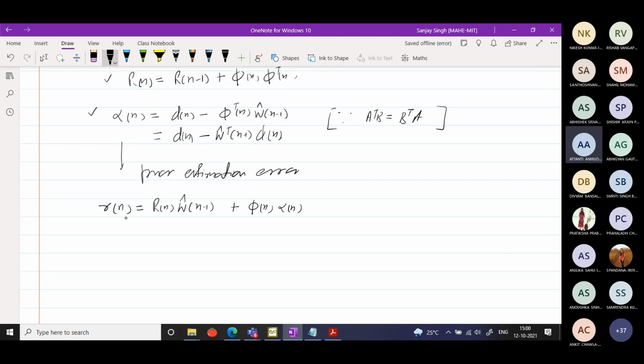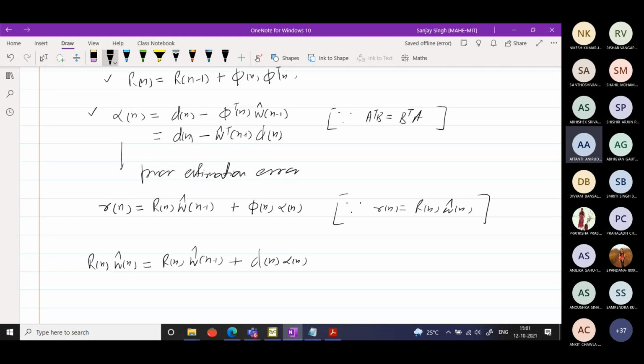Now, remember, we know that Rn Wn is nothing but the right-hand side; we started with this as far as least square estimation is concerned. So comparing these two equations, I can write R of n Wn equal to Rn Wn minus 1 plus phi of n alpha n.